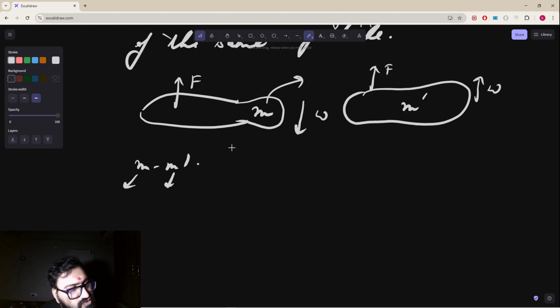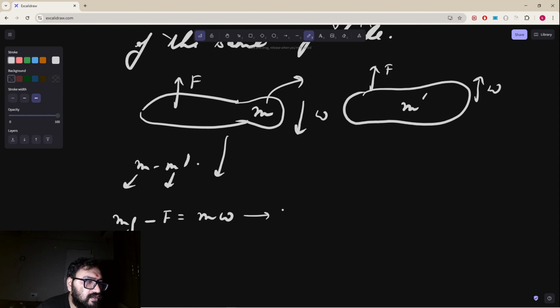From here I can write down one equation: mg, that is the force downwards, minus F, because this buoyant force is in the upward direction, is equal to m into omega. This is my equation 1.